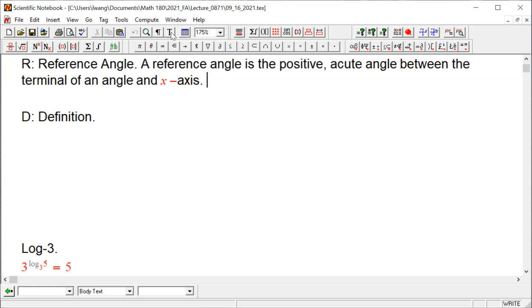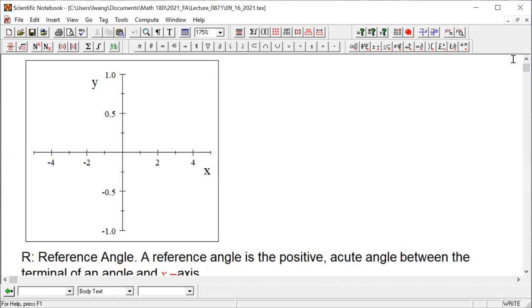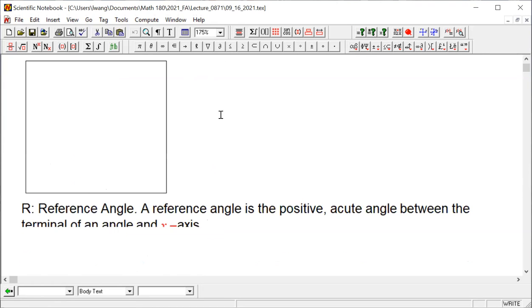A reference angle for any angle theta in standard position is a positive acute angle. Yeah, I didn't miss anything. I'm going to explain to you. Are you guys ready? So what did you want to say, Farouz? I think I cut you off.